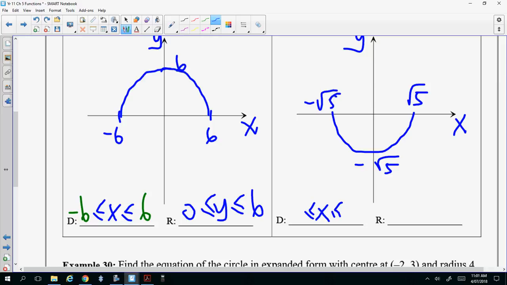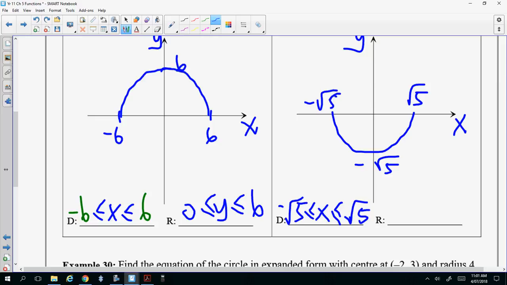There's no graph over here. Less than. Yeah, in between. You need to be able to describe it in words as well. Right, in between root 5 and negative root 5. Less than symbol. Yes. Okay, good.